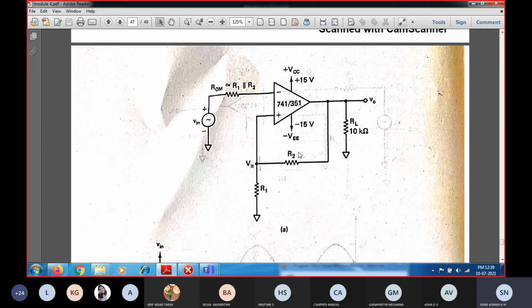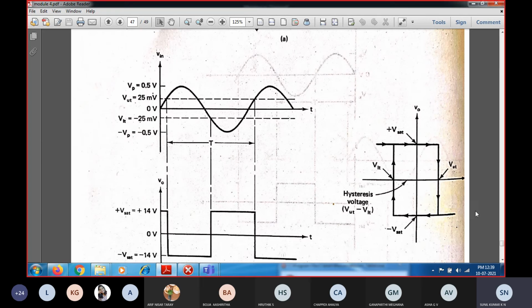So the reference voltage is going to switch to minus 7 volts. Since the positive input voltage is greater than this negative voltage, the output will be in negative saturation.